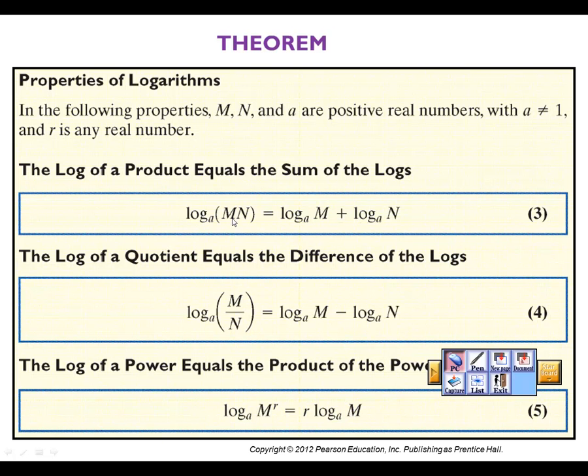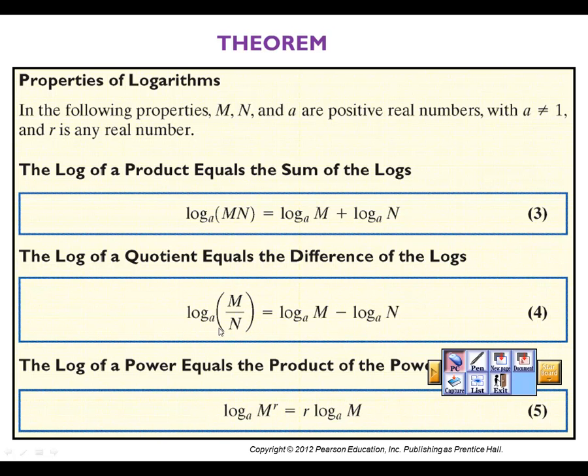So when we're multiplying inside the logarithm, we're going to add. So log base a of m times n would be log base a of m plus log base a of n. Because they're multiplying, you're going to add the two, each one gets its own logarithm, and the bases will always be the same.